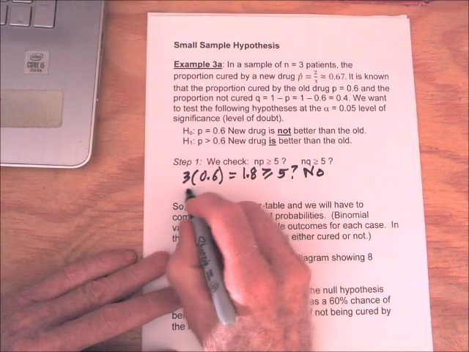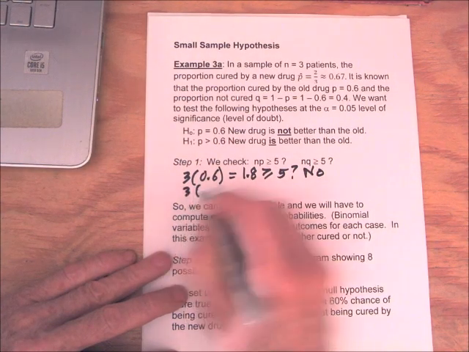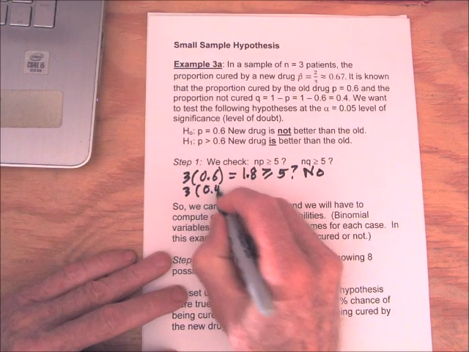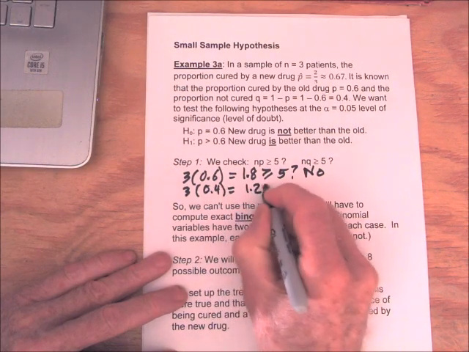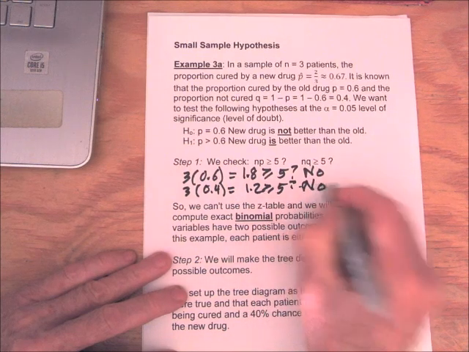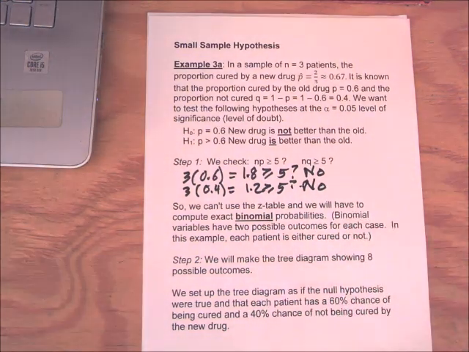We can also check whether n times q is at least 5. 3 times 0.4 is 1.2, greater than or equal to 5? That's a no. We need both of these to be yeses, actually. If it's no, no, then we'll have to use the exact binomial probabilities.